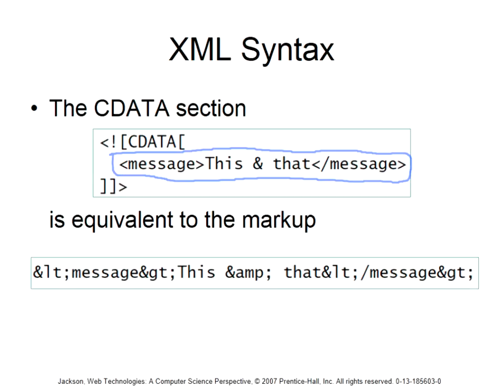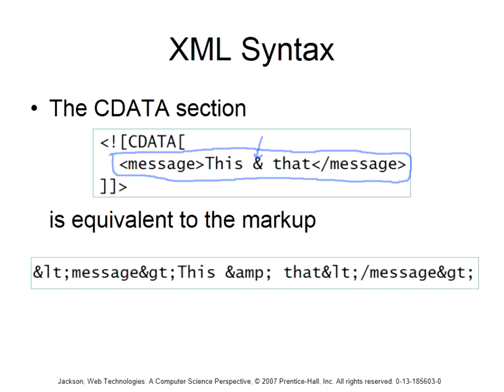If we write message, this and that, end message without begin CDATA and end CDATA, in this case this message will be considered as an element in the XML document with the tag message, with the content this and that, and with the end of message. And perhaps this element will produce an error because we write the ampersand here without the special entity to create this ampersand.